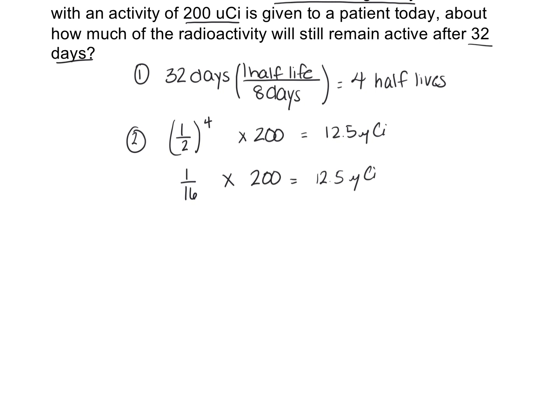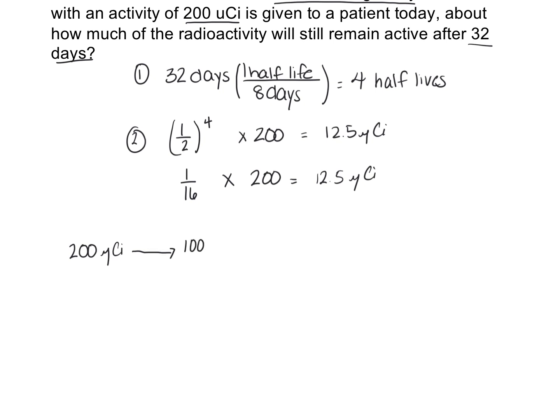Now, there are multiple ways to solve a problem. The half-life is not always going to work out for you in a nice whole number. So you may get like 4.2 half-lives have passed, and you can still use this equation to figure out however many half-lives have passed. But if you have a nice whole number, the other thing you can do is you can say, look, you can rationalize through it. I start with 200 microcuries. I know that when a half-life passes, half of the material gets turned into something else.